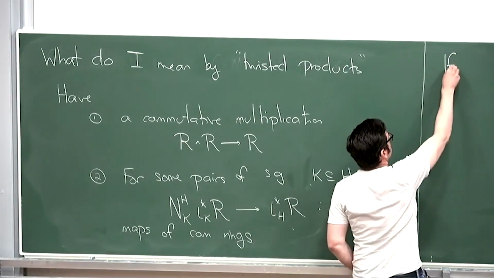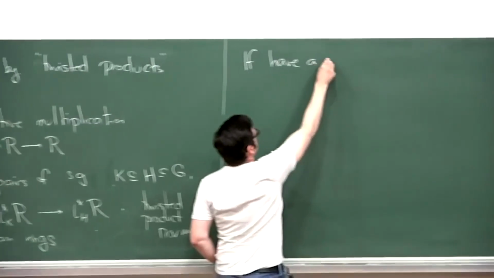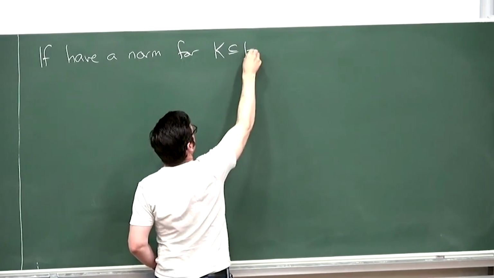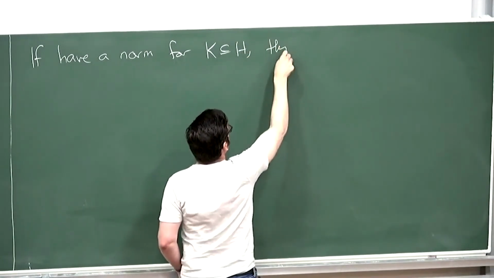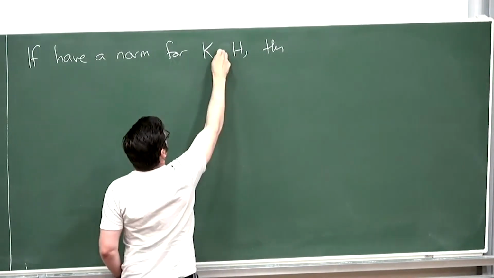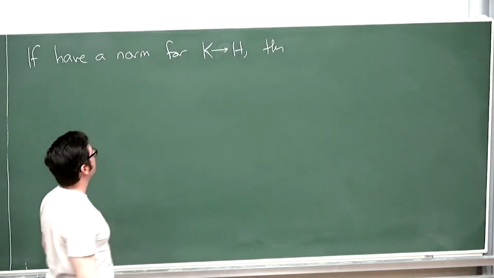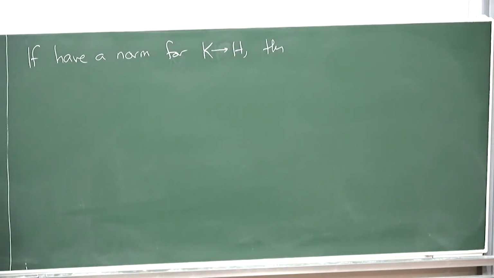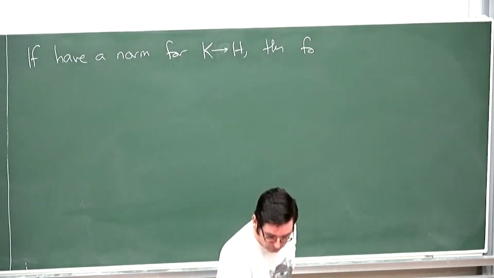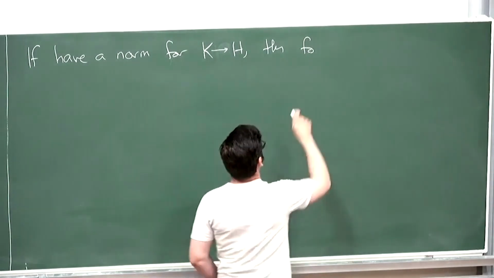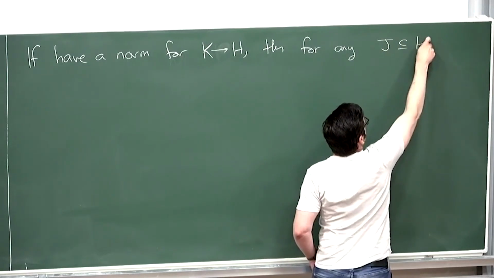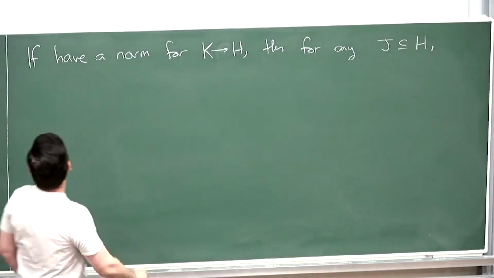So if we have a norm for K inside H, then maybe I'll write it as K to H to remind myself that I have this norm. Then for any subgroup J sitting inside H, we get a bunch of things.